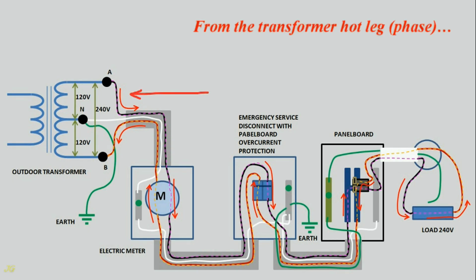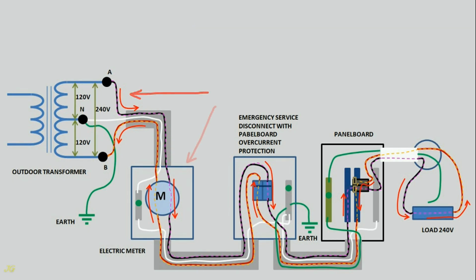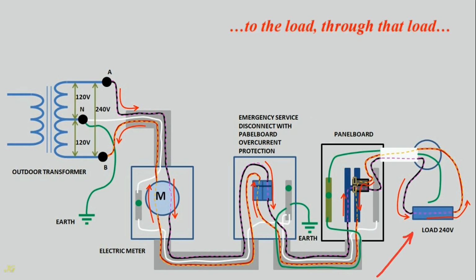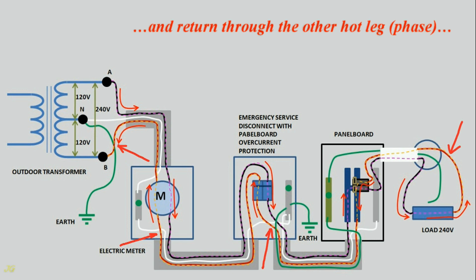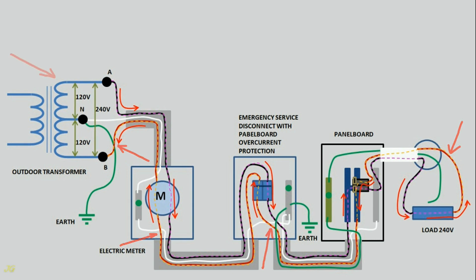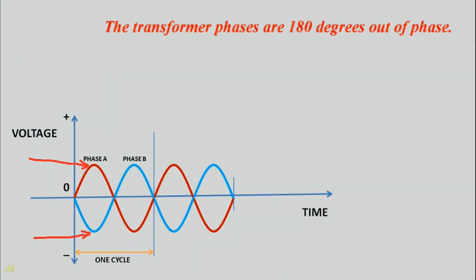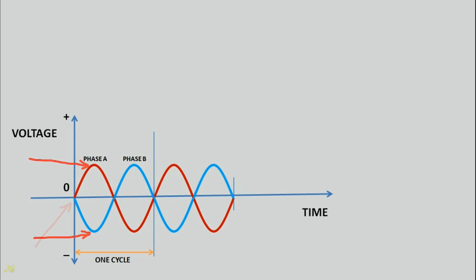From the transformer hot leg, phase, through the electric meter, service disconnect, branch circuit breaker, to the load, through that load, and returns through the other hot leg, phase, back to the transformer. The transformer phases are 180 degrees out of phase.